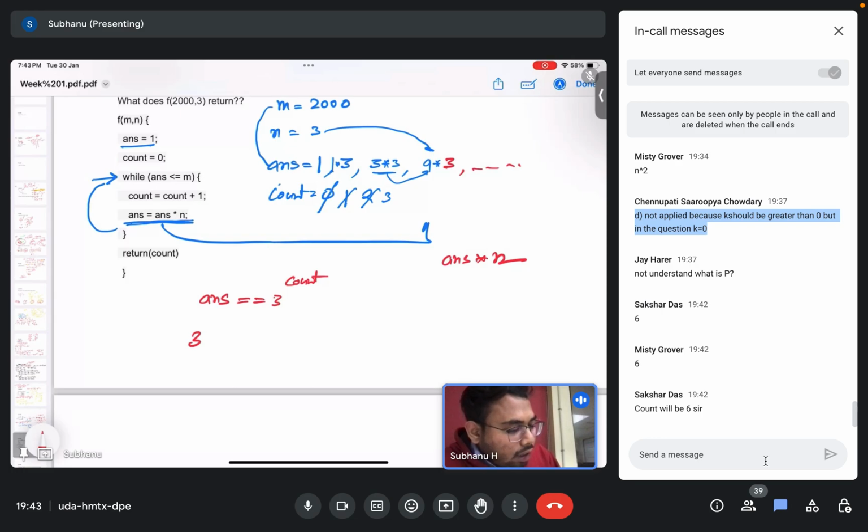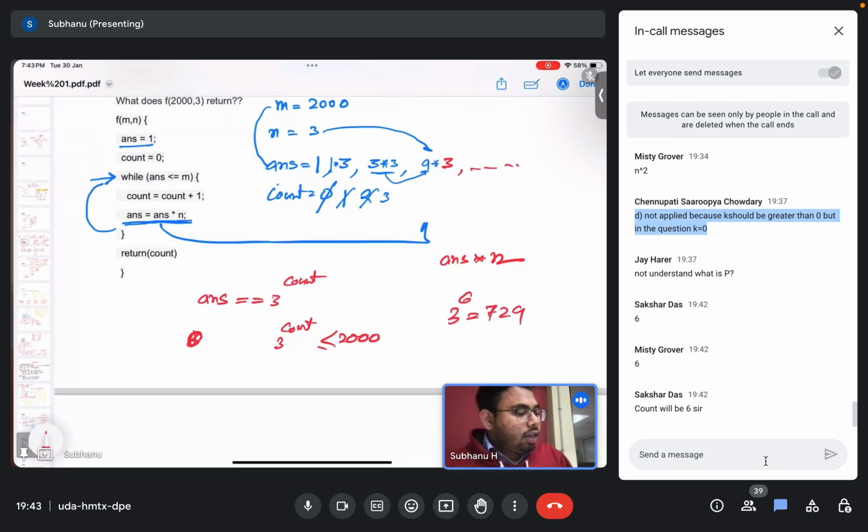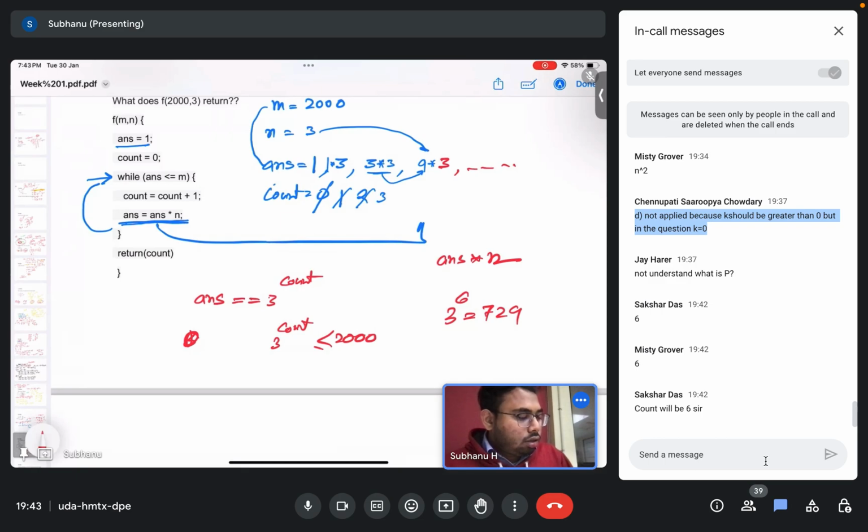Answer is less than or equal to m, so 3 to the power count must be less than or equal to 2000. 3 to the power 6 is 729. And what will be 3 to the power 7?